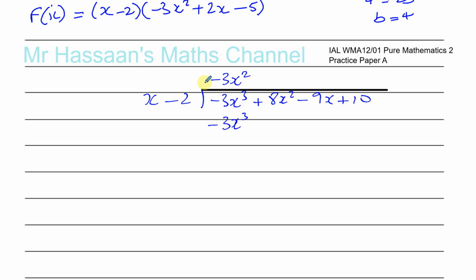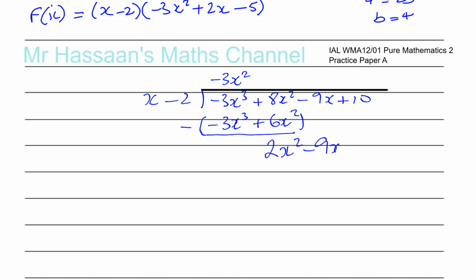And minus 3x squared times minus 2 is plus 6x squared. So now I'm going to subtract this line and that line. So this gives you minus 3x cubed plus 3x cubed, that always will cancel out. 8x squared minus 6x squared is 2x squared. And I'm going to bring down the next term, which is minus 9x.